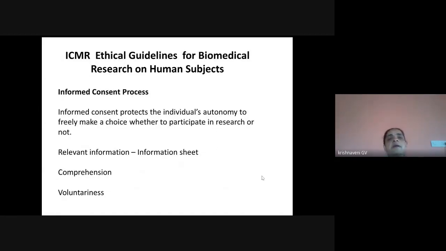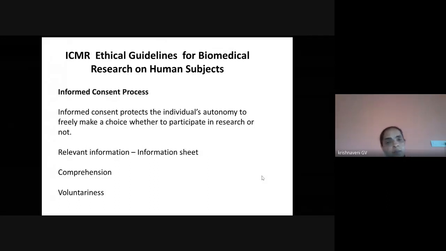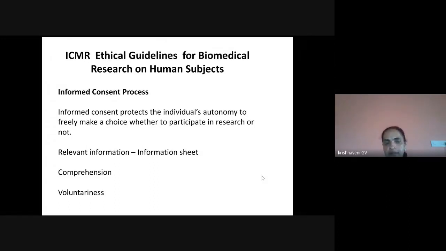So one of the things that repeatedly occurred in reference to this is the informed consent process. What is informed consent? See, as I said, both in the Nuremberg Code of Ethics as well as in the Helsinki Declaration and our own ICMR guidelines, informed consent takes precedence over all other aspects of research.